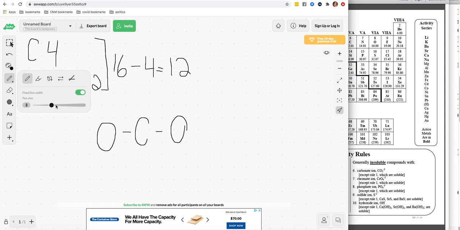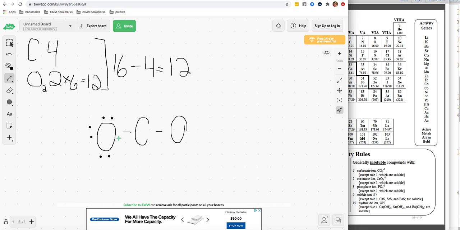And so to get oxygen to 8, we've got one bond right now, so we've got 2 electrons. We've got 2, 3, 4, 5, 6, 7, 8.